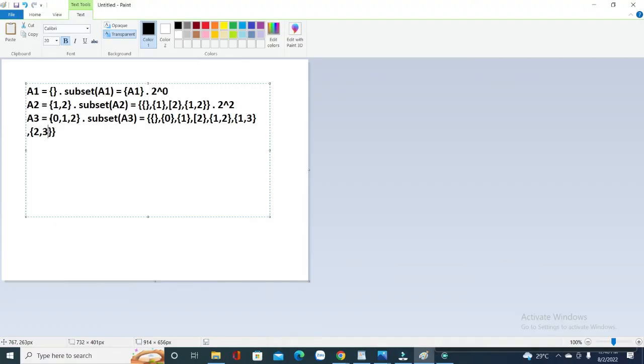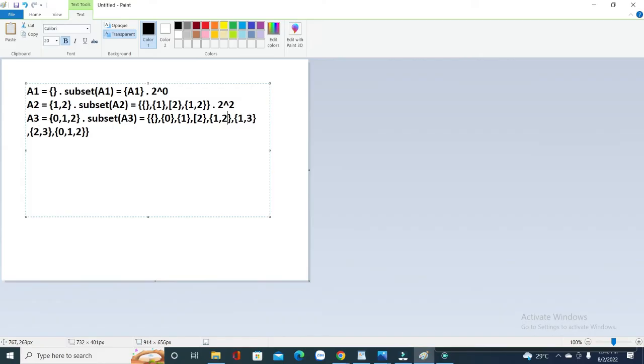And last but not least, we have the 3-element subset, which is 0, 1 and 2, which is the set A3 itself.